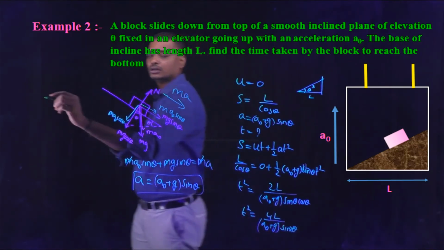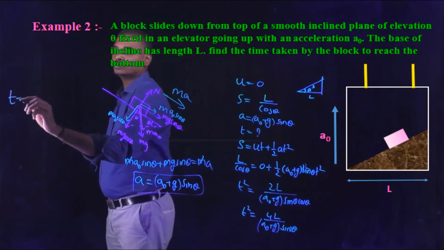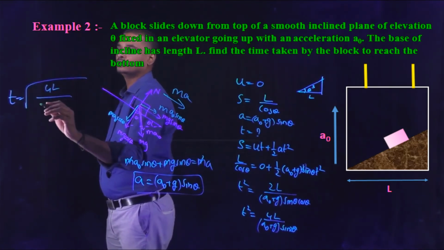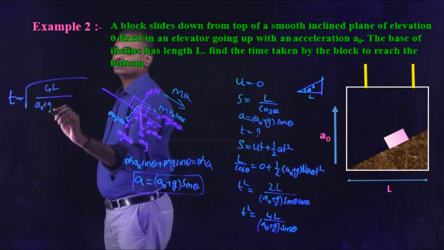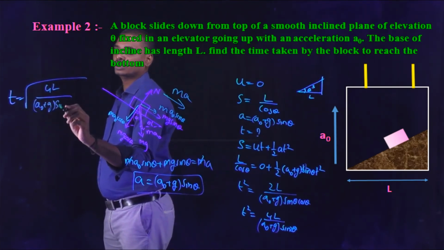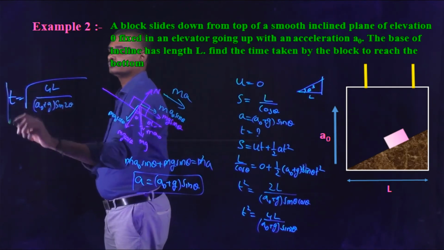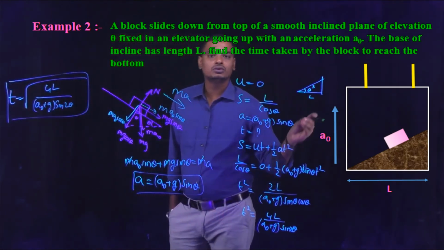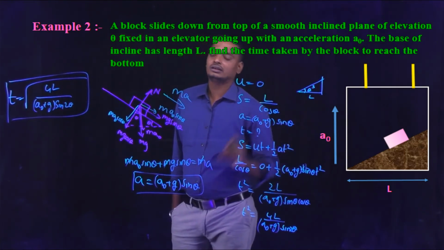So the expression for the time is t equal to root over 4L by (a naught plus g) into sin 2 theta, which is the time taken by the block to reach down the inclined plane.